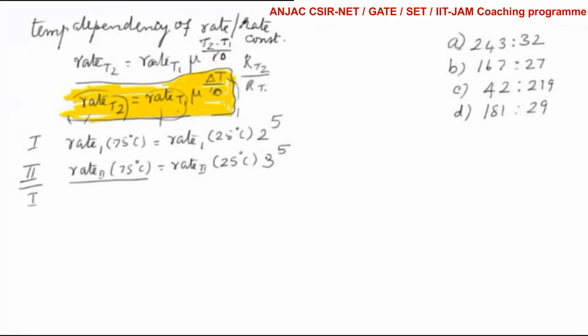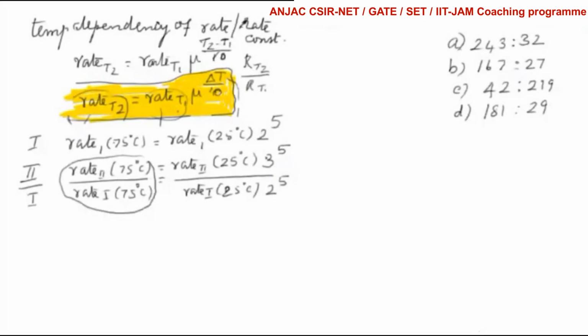The rate of first reaction at 75 degrees centigrade is equal to the rate of the first reaction at 25 degrees centigrade times 2 power 5. And here they are asking this ratio. What about this ratio? Here you should know this. What is given, whether the rates are same or they are in some ratio?